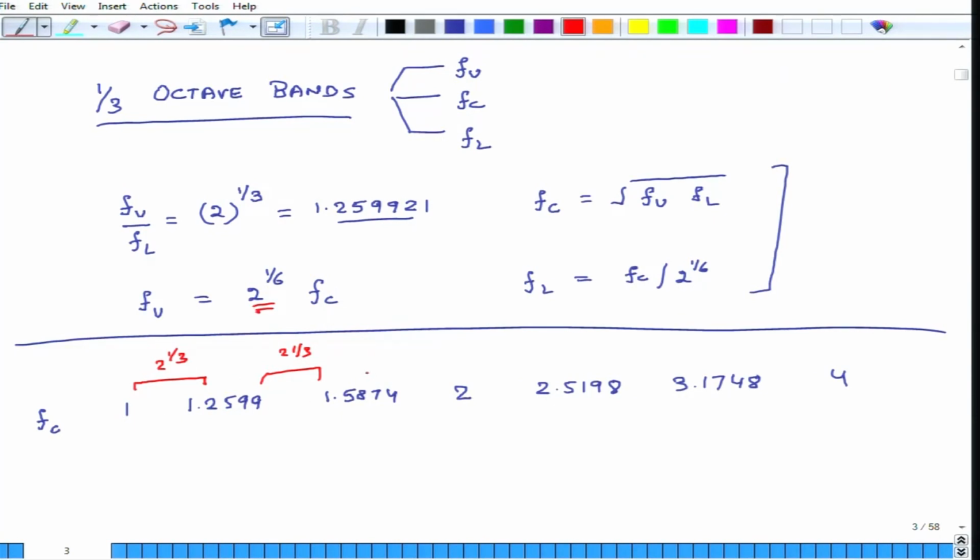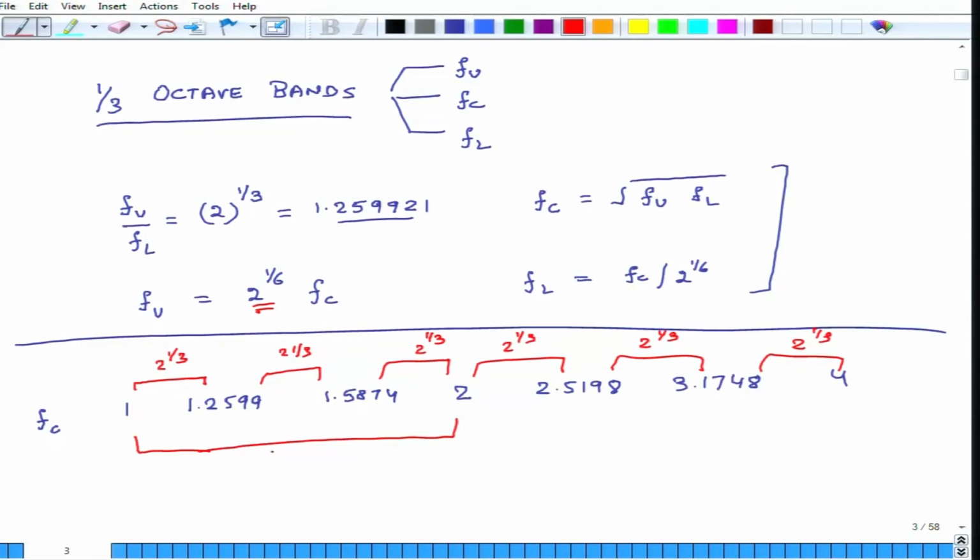All these successive ones are off by a factor of 2 to the power of 1 by 3, and if you look at every third central frequency, it is off by a factor of 2. This is how it works out.